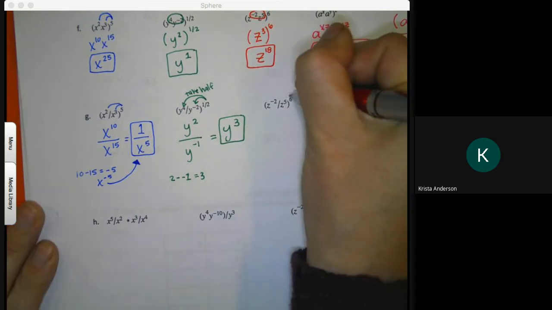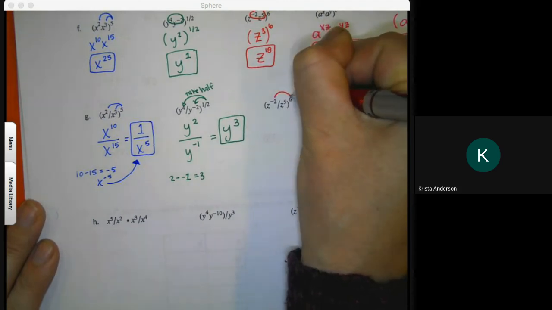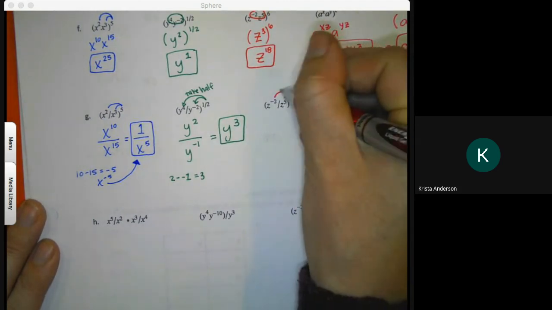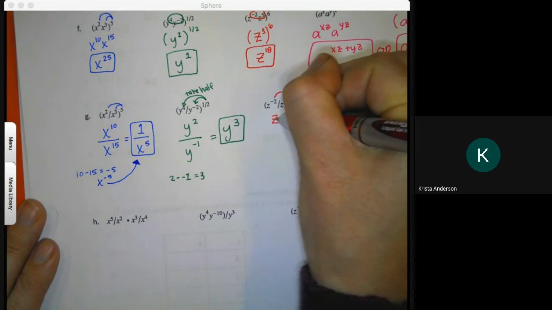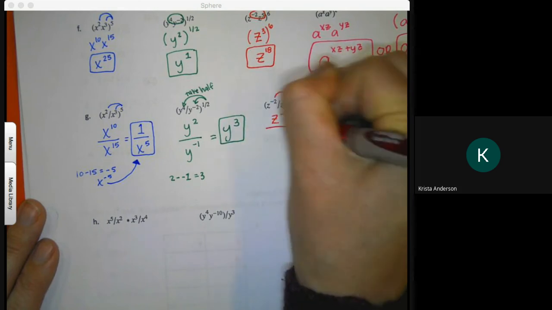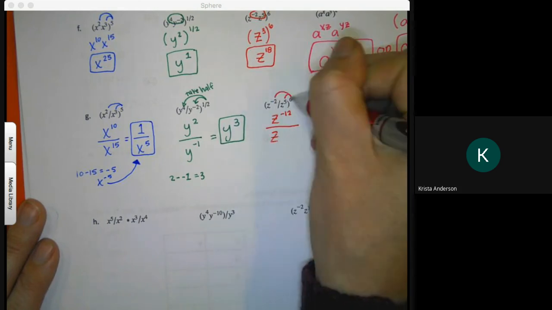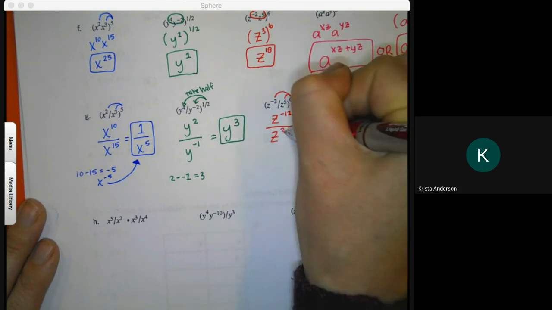I'm going to distribute the 6 in. 6 times -2 is -12 over 5 times 6 is 30.